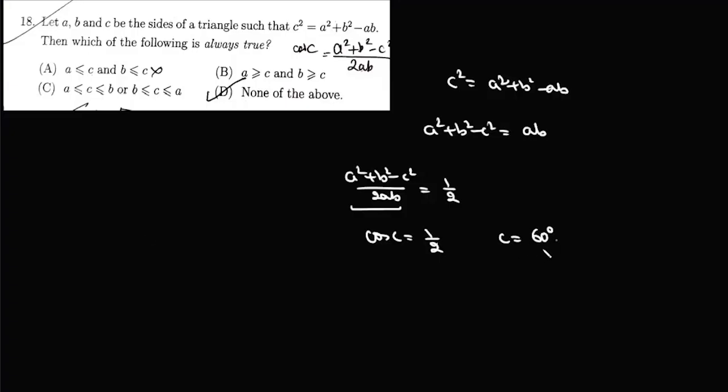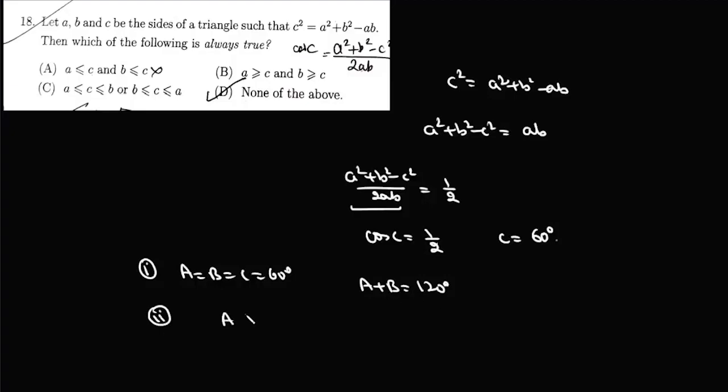Now if angle C is 60, then either all the three angles are the same, they are 60 degrees, and we know that A plus B is 120. Or in the other case, one of the angles is less than 60 and the other angle is greater than 60.